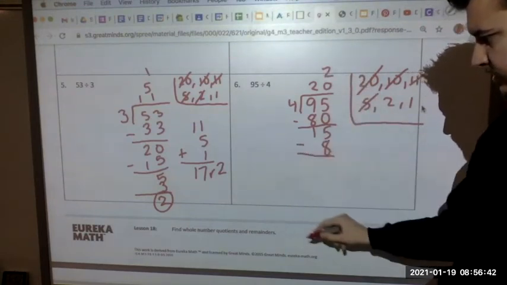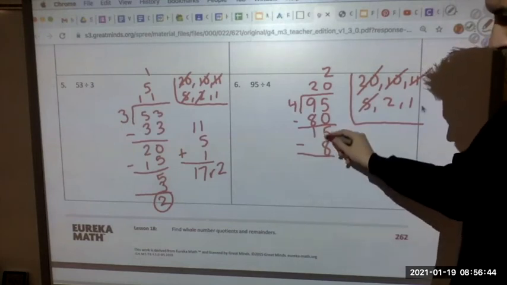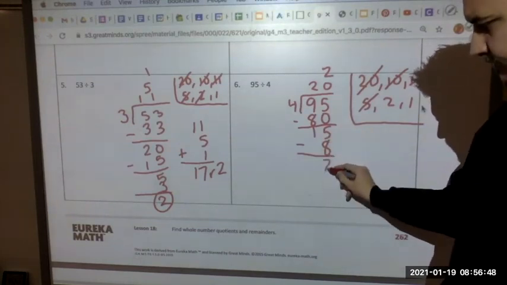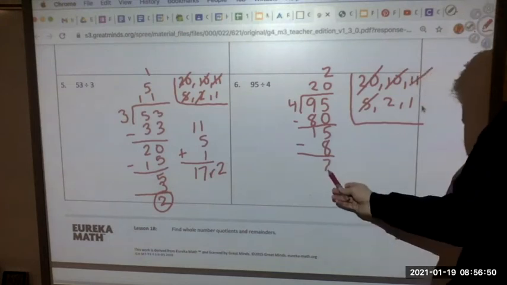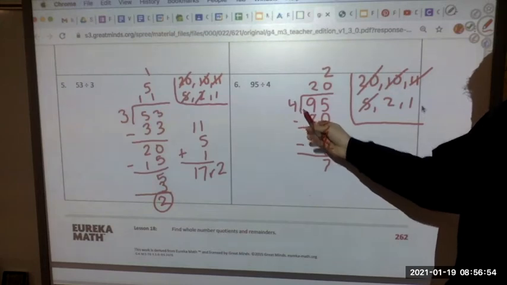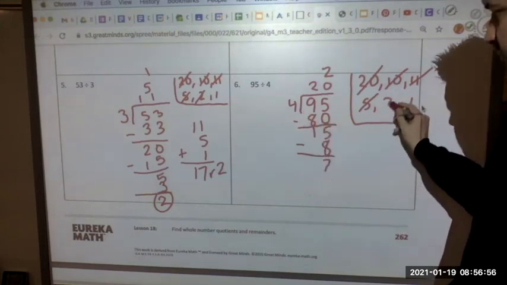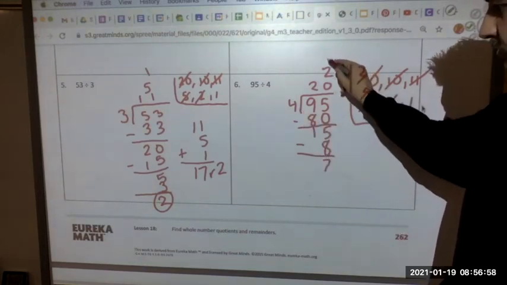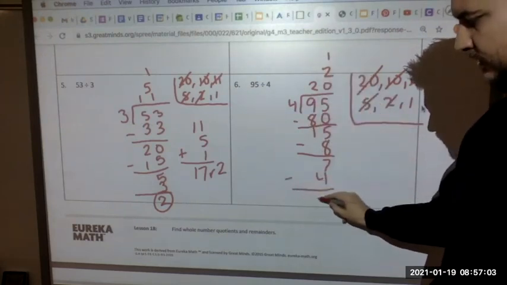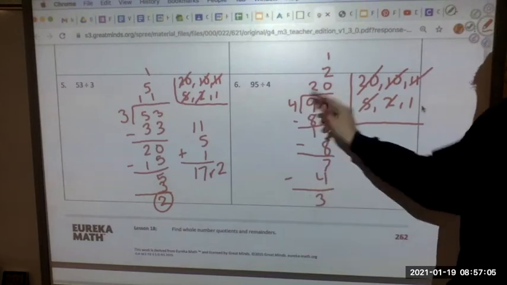Okay, I subtract. I have to regroup, that would be 15. 15 minus 8 would be 7. 7 is not a remainder because it is bigger than my divisor. So I gotta keep going. Can't do 2 again. I can do 1. 4 times 1 was 4. Subtract, I get 3. 3 is smaller than my divisor.